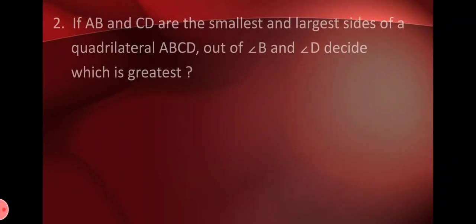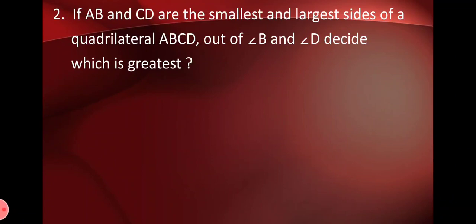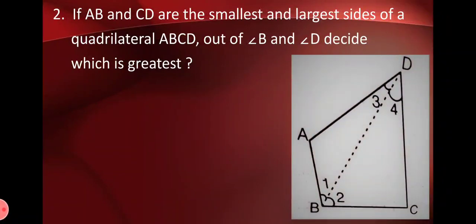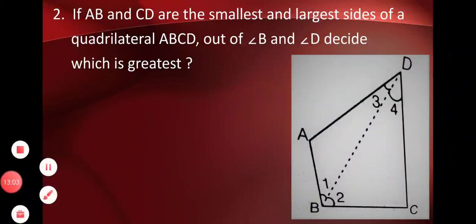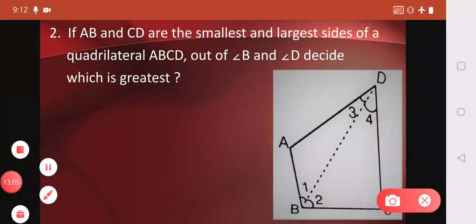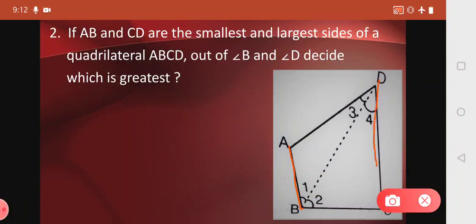Next question, question number 2. If AB and CD are the smallest and largest sides of a quadrilateral ABCD, out of angle B and angle D, decide which is greater. Let's see the figure. It is given in the figure that ABCD is a quadrilateral and AB is the smallest side and CD is the longest side.